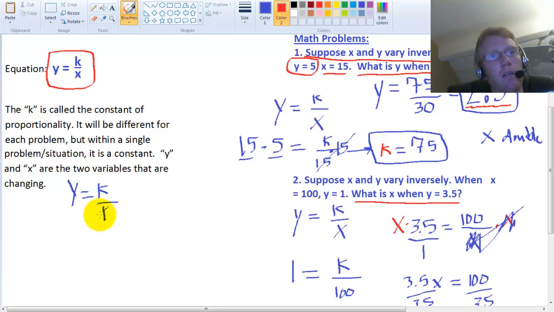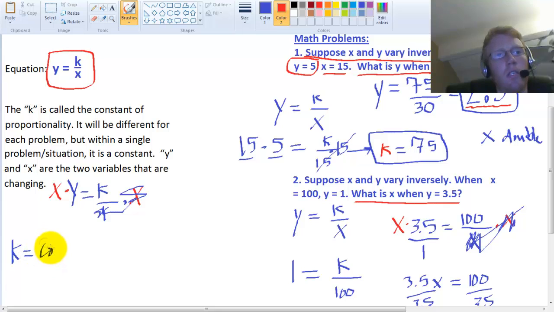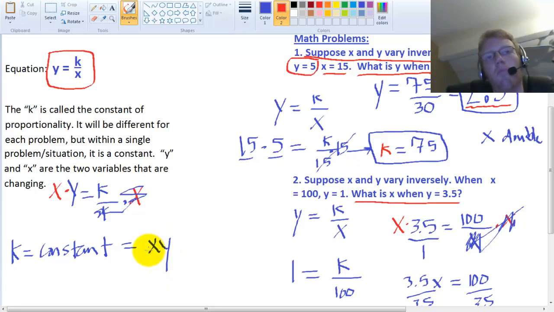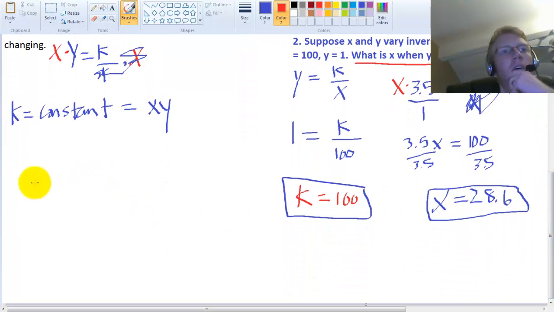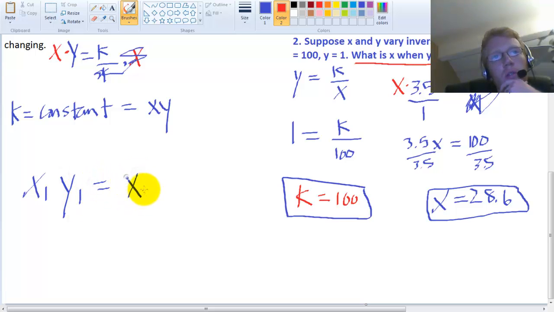If you multiply both sides times x, then these cancel out, and you're left with k, which is constant, equal to xy. Okay, so the product, the multiplication of your two variables, x times y, has to be a constant. So what that means is x1 times y1 should equal x2 times y2.